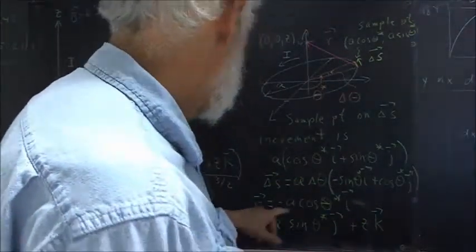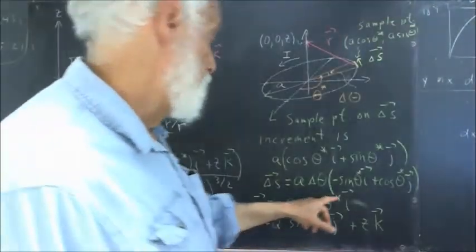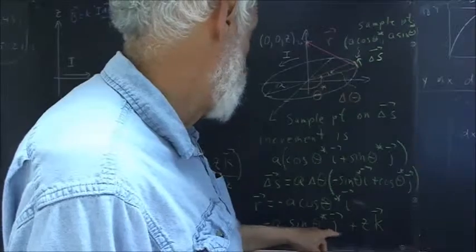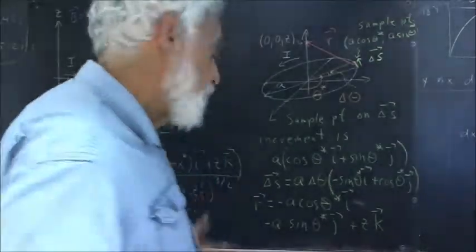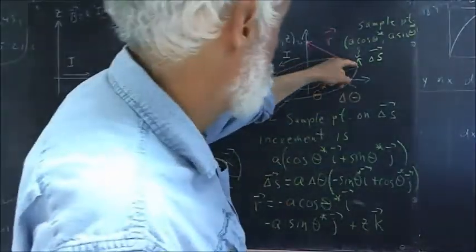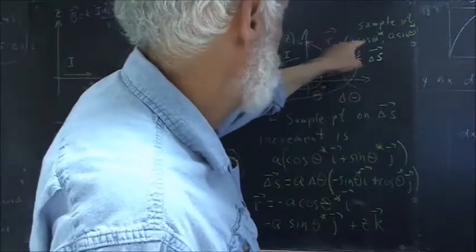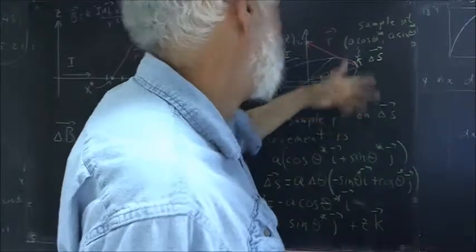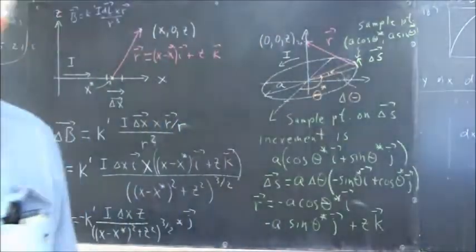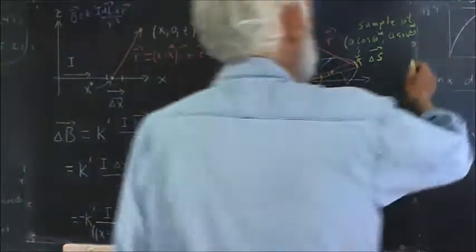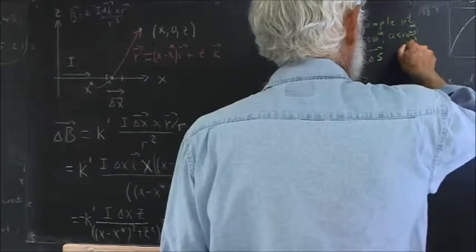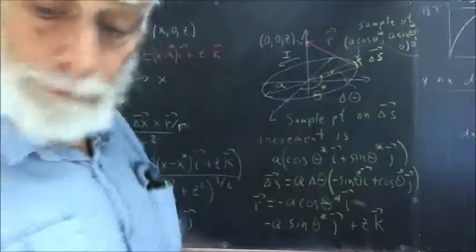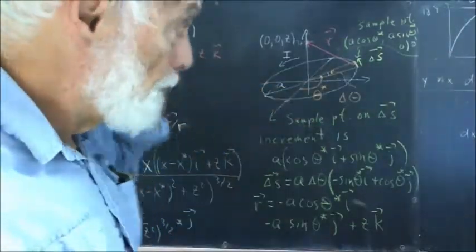Our R vector is just negative a cosine theta star i minus a sine theta star j plus zk. Why is that? Well, our R vector goes from our sample point here, which is a cosine theta star, a sine theta star in the xy plane, and I probably should have put comma 0 here, because there's a z coordinate, because we're in 3 dimensions.